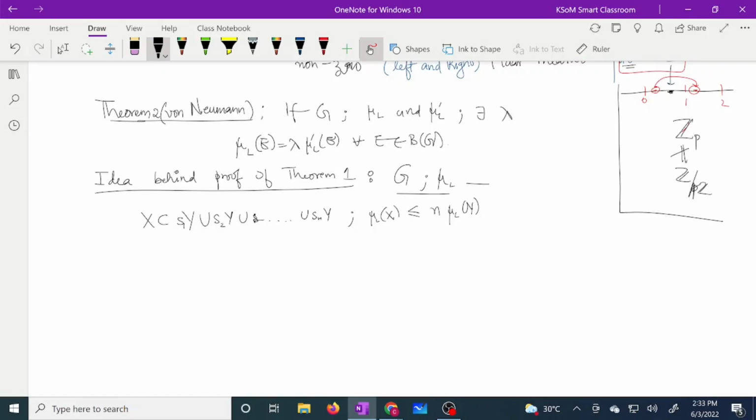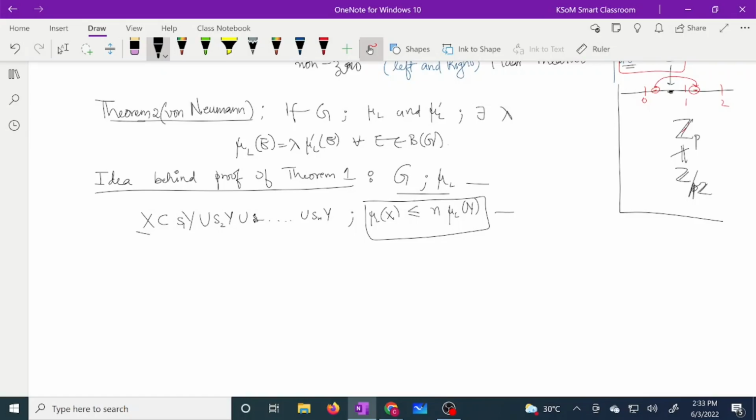First, when you apply mu to the right hand side of this equation, you get mu of x is less than or equal to mu of s1y plus mu of s2y plus etc. But mu is invariant under left translation. So mu of s1y is equal to mu of y, etc. So you get this thing.